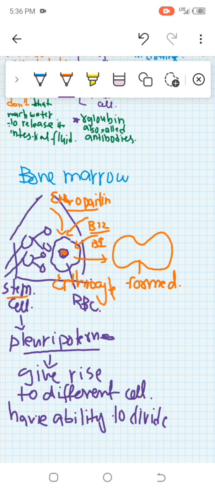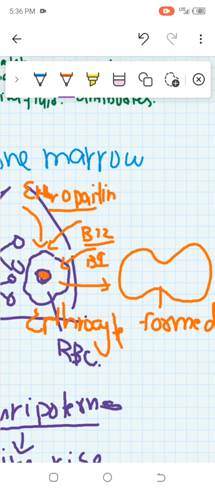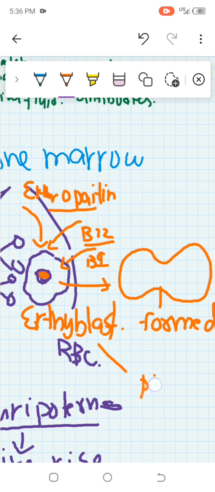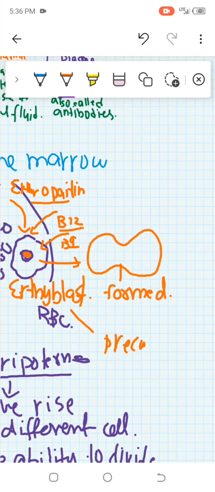So this is how the different types of cells are formed from these stem cells. Now the stem cell makes the precursor of RBC, which is erythroblast, not erythrocyte.